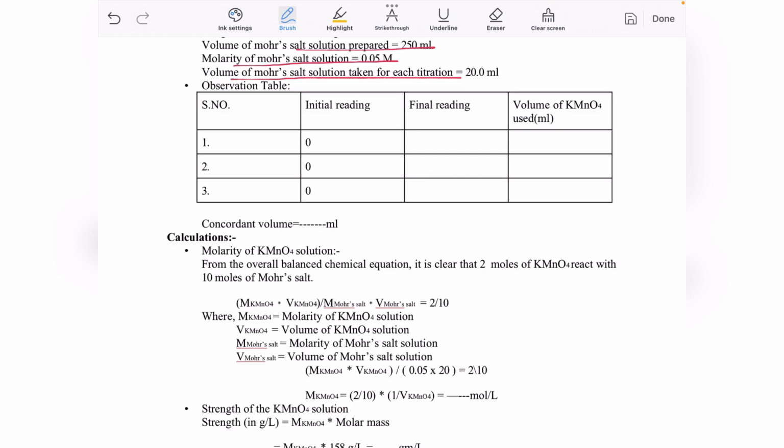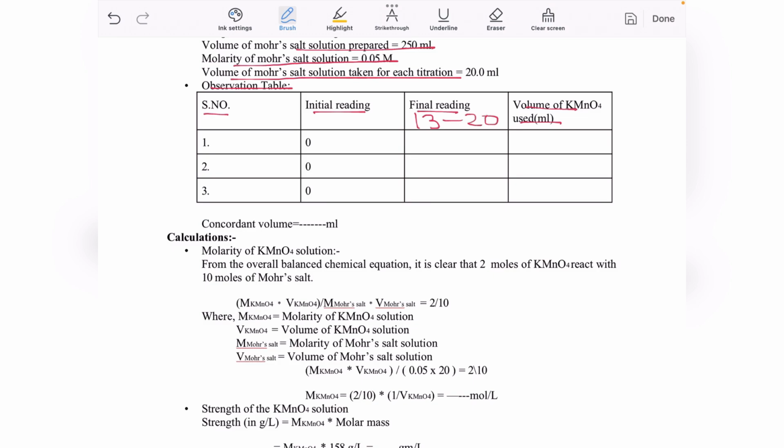Now the observation table. For the observation table, we make 4 columns: serial number, initial reading, final reading, and the volume of KMnO4 used. We take 3 readings. Initial reading, we usually take 0, starting from 0. Final reading, in the case of M/20 Mohr salt solution, comes in a range of 13 to 20.